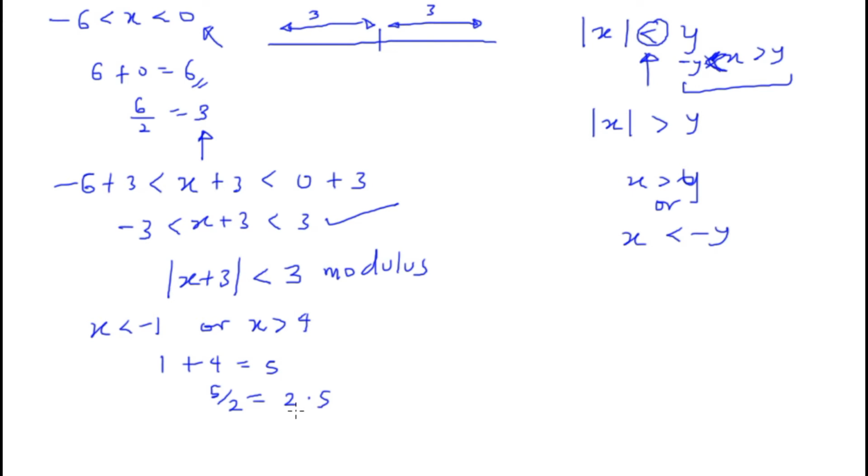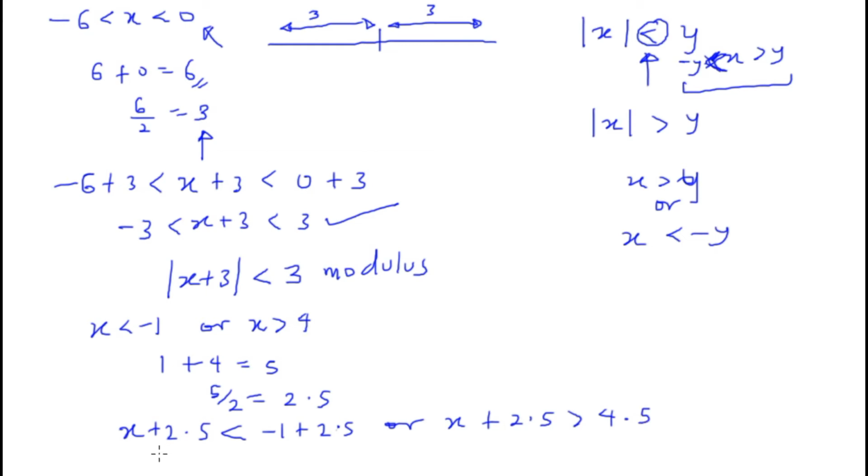So I need to add 2.5 to this inequality right here, just like I added in the first problem. If we do that, we'll have x plus 2.5 less than -1 plus 2.5, or x plus 2.5 greater than 4 plus 2.5.